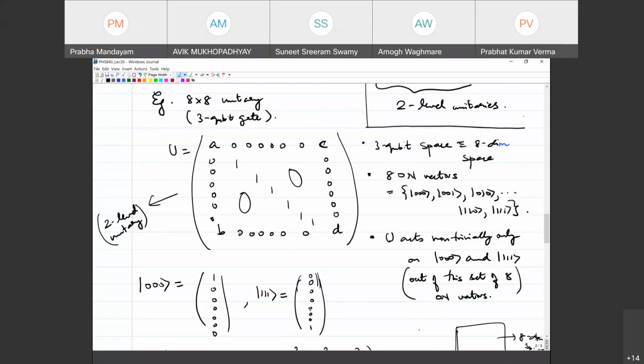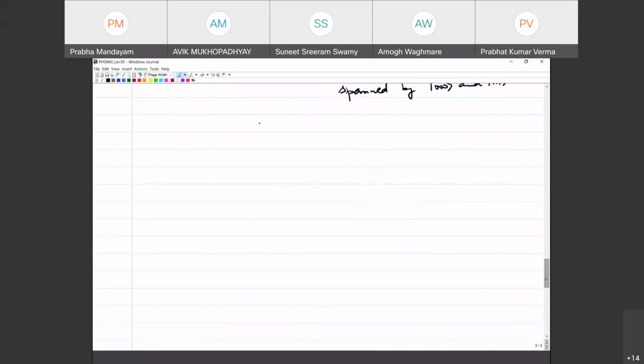Okay, so the claim now is that you can reduce any D cross D unitary as a product of such two-level unitaries and several C naughts. Okay, so let's look at that statement.